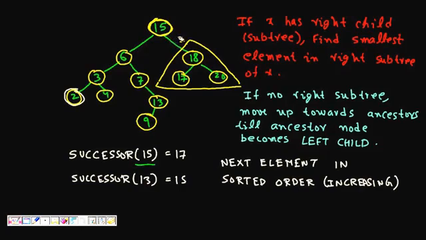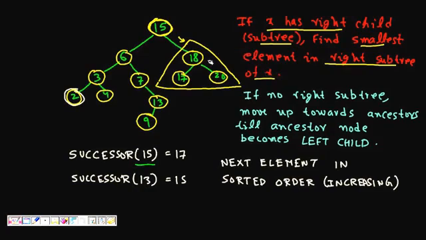Because in the right subtree everything is greater than or equal to 15 based on the definition of binary search tree. But we want the successor, meaning just the next element which is higher than that. So if you find the smallest element in the right subtree, then it will be the successor. So if X has a right child or right subtree, find the smallest element in the right subtree.